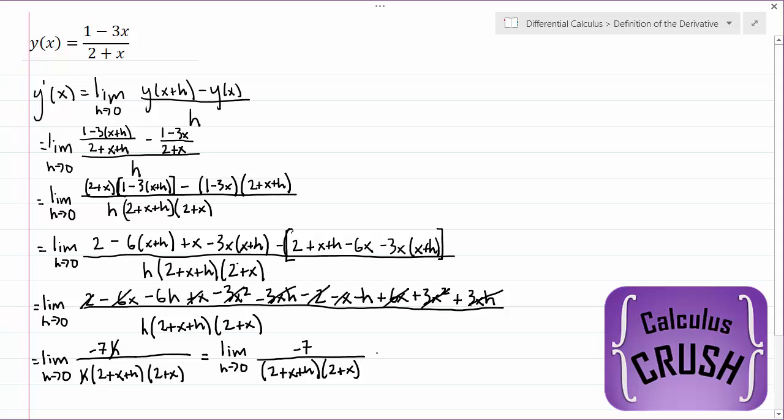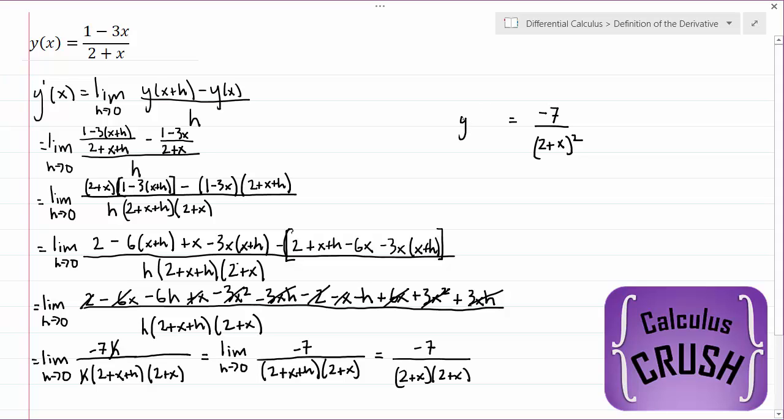Now if we actually take the limit, we just need to set all of the h's in this expression equal to 0. There's only one h at the bottom, so we set that equal to 0, and what we're left over with is (2 plus x) times (2 plus x) and a minus 7 on top. To write this correctly, it would be minus 7 over (2 plus x) squared.